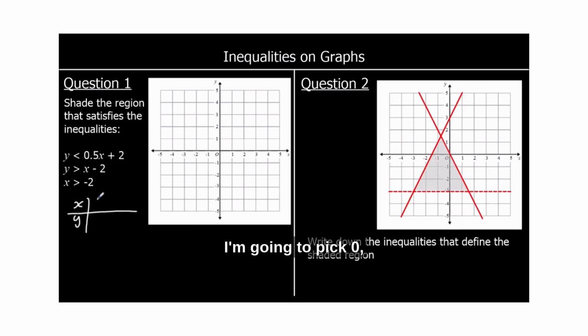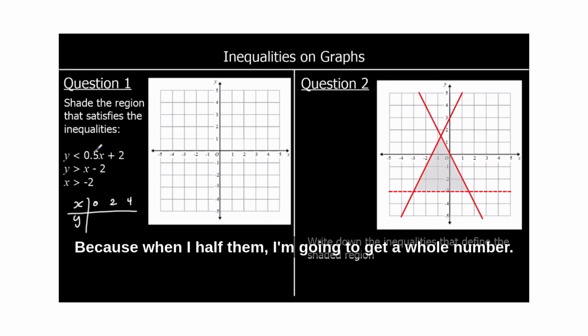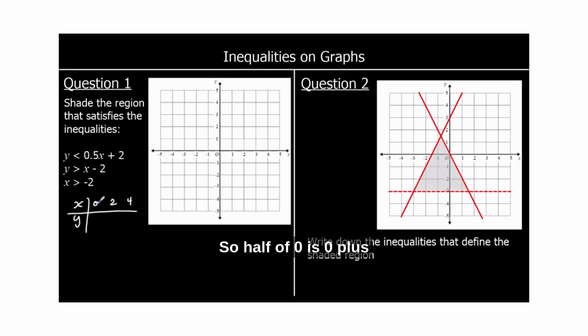I'm going to pick 0, 2 and 4 this time, because when I half them, I'm going to get a whole number. So half of 0 is 0 plus 2 is 2. Half of 2 is 1 plus 2 is 3. And half of 4 is 2 plus 2 is 4. So it's going to go through 0, 2, 2, 3, and 4, 4.